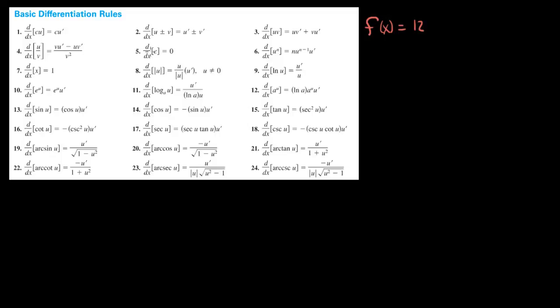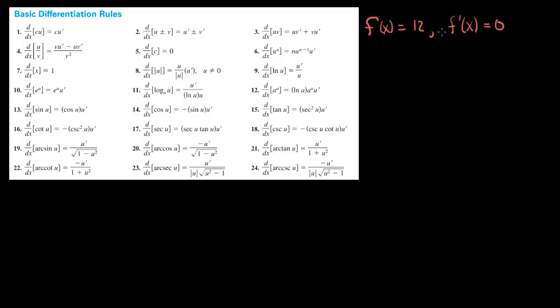This says the derivative of a constant is 0. So if we have f of x defined as so, then the corresponding f prime of x is 0. We can show that's true using the limit definition if you really wanted to, but at this point, we can just say if there's a constant, the answer is 0.